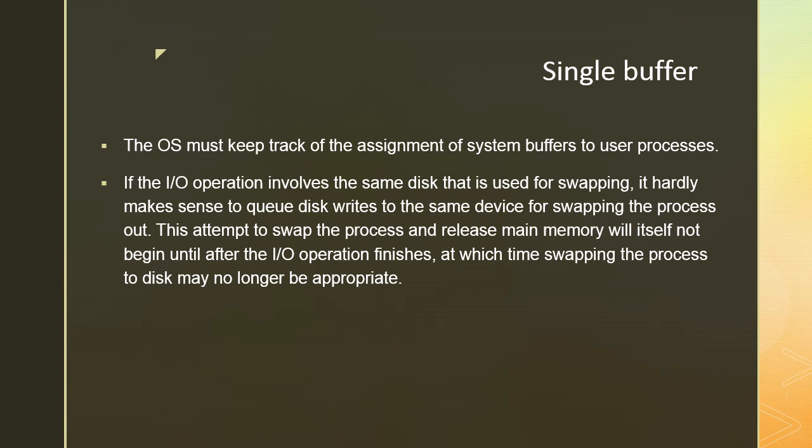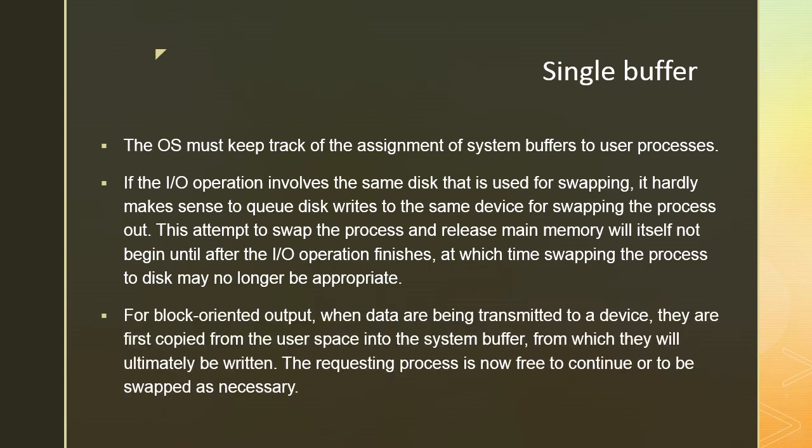If the I/O operation involves the same disk that is used for swapping, it hardly makes sense to queue disk writes to the same device for swapping the process out. This attempt to swap the process and release main memory will itself not begin until after the I/O operation finishes, at which time swapping the process to disk may no longer be appropriate.